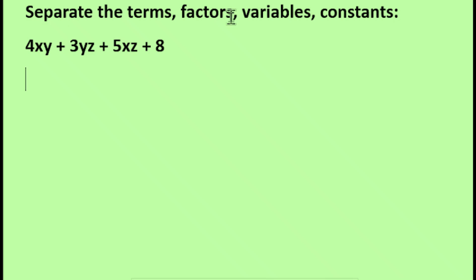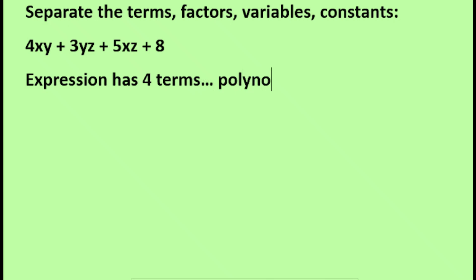The expression has 4 terms. When it has 4 terms, we say it is a polynomial.